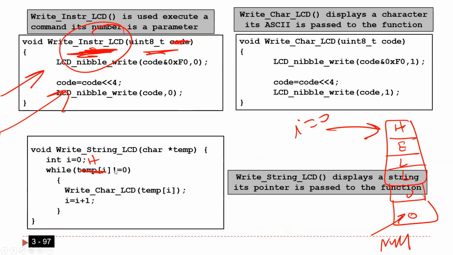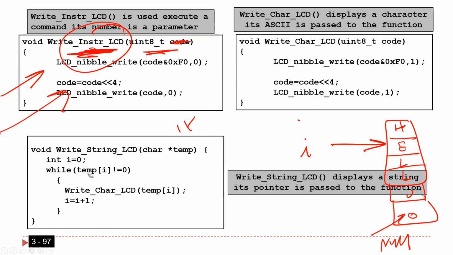Is that a delimiter? No, it is not the delimiter. So I'm going to come here and display letter H, character by character. This function is going to call the other function and send the ASCII of letter H to display it. Then I'm going to increment i by 1. So now i is here. Is that okay?